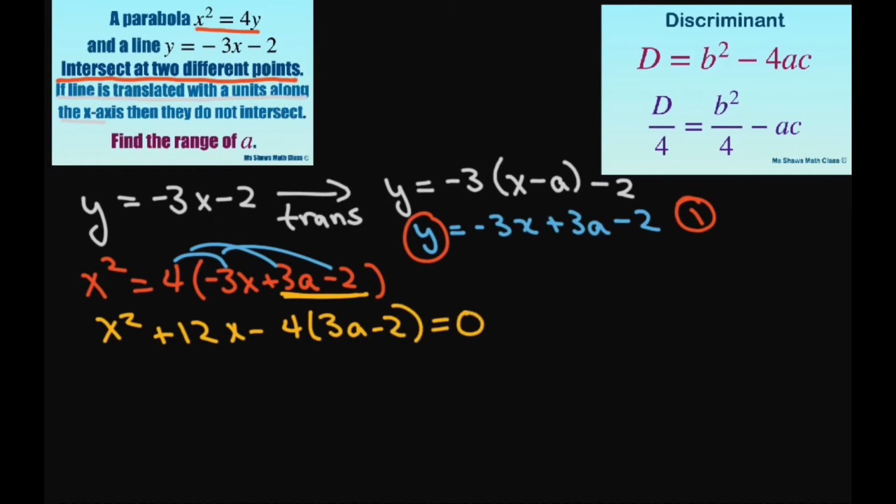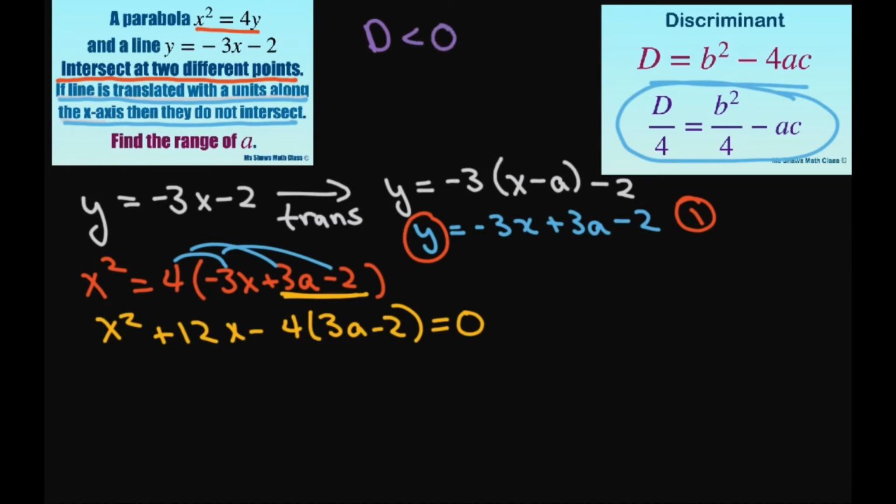All right. Now, to solve for a, we're going to use our discriminant formula, and it gets rid of our x's. This one comes in handy as well. So basically, it says when the line is translated with a units along the x-axis, they do not intersect. So we want our discriminant to be less than 0.